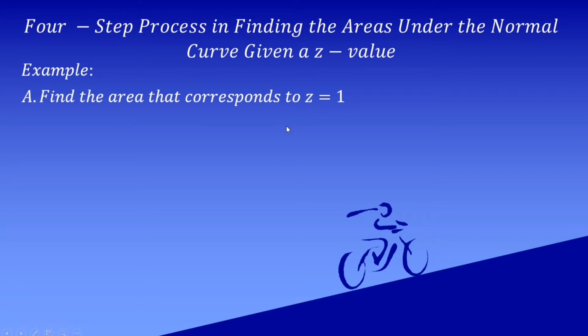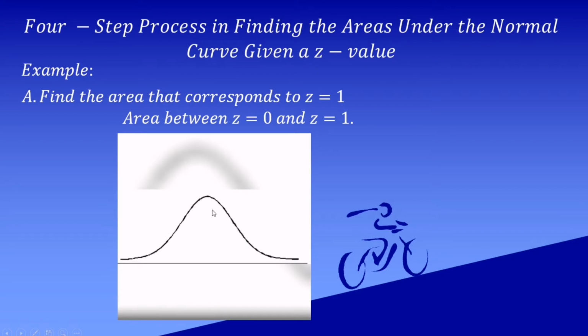Find the area that corresponds to z is equal to 1. Finding the area that corresponds to the given z equal to 1 is the same as finding the area between z equal to 0 and z equal to 1. To illustrate in our standard normal curve, let us divide the normal curve into two equal halves.